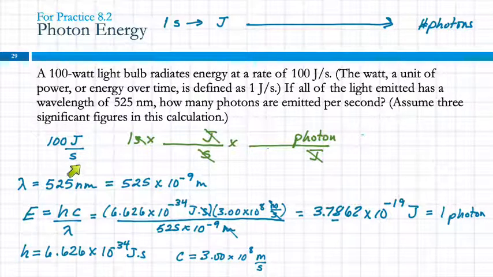This is the power, the joules per second, 100 joules per 1 second, given in the problem. From the wavelength, I was able to calculate the energy of a photon of this light, 3.7862 times 10 to the minus 19 joules.